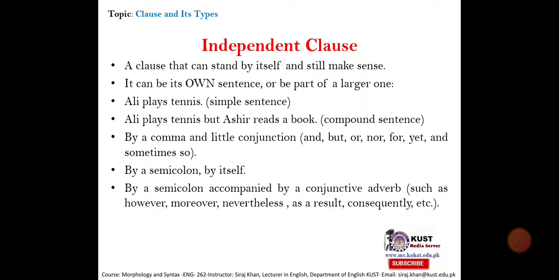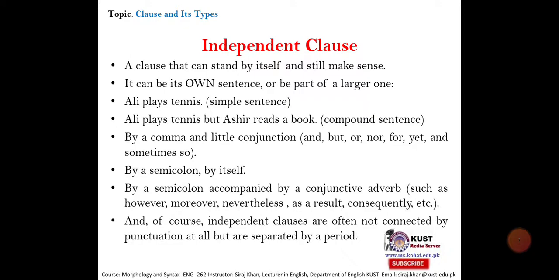However, moreover, nevertheless, as a result, consequently, therefore, otherwise are some of the conjunctive adverbs that can give us independent clauses. And of course, independent clauses are often not connected by punctuation at all but are separated by a period.